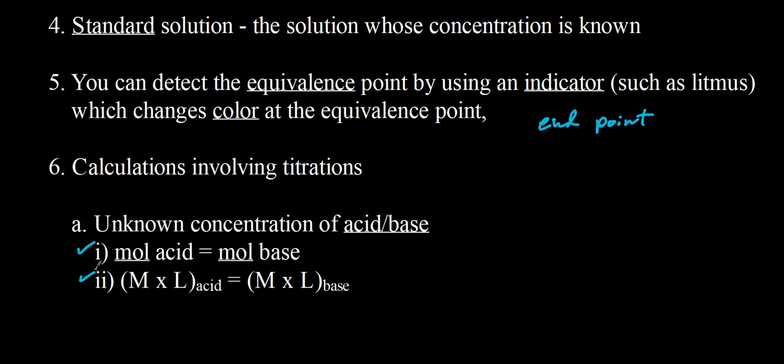Now, how do we determine the number of moles of acid or base that you have added or that you have available? We can take the concentration of the acid times the volume of the acid, and that'll give us moles of the acid. So I'm going to write this equation a little bit different. Instead of M times L, I'm going to write it this way.